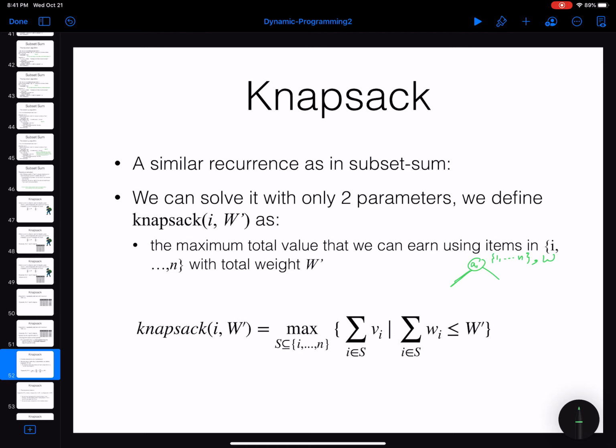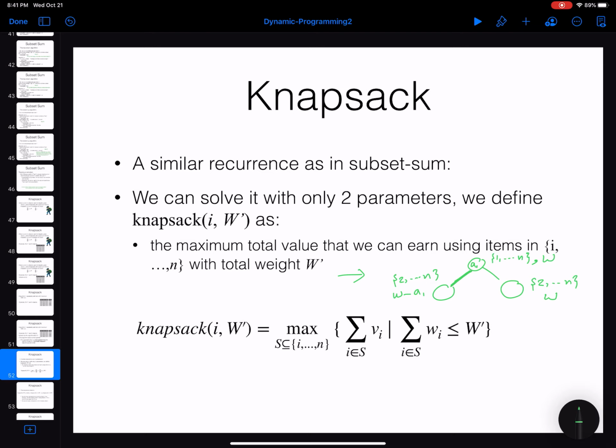If you take the first object, the only set of items that remain will be from 2 to n, and how much weight remains? W minus A1. Or you are not going to take A1, so the set of objects you decide about is again from 2 to n, and the weight W is not changed. This is exactly the same search space.